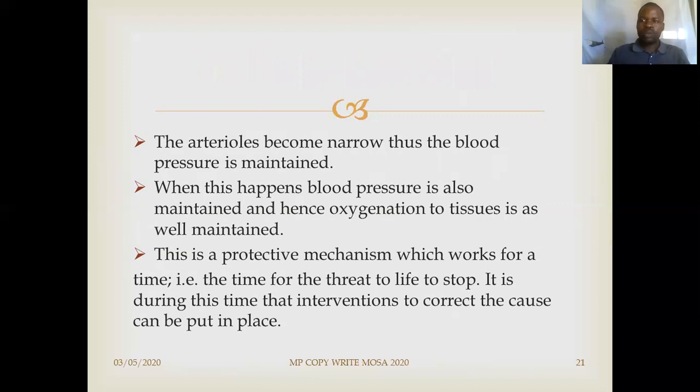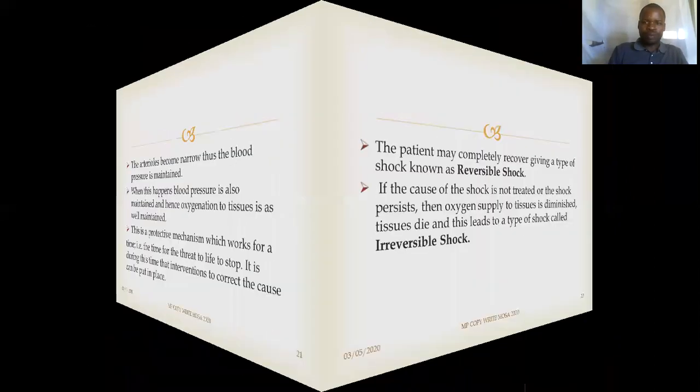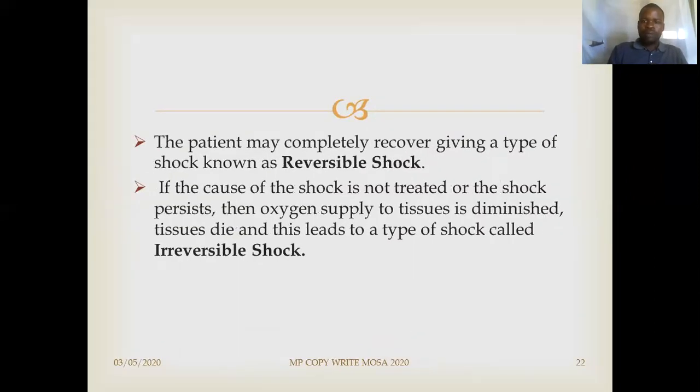When tissue perfusion is maintained, it simply means that hypoxia is being treated, because of good tissue perfusion, as there is good oxygenation to the cells of the body. The patient may completely recover, giving a type of shock known as reversible shock.